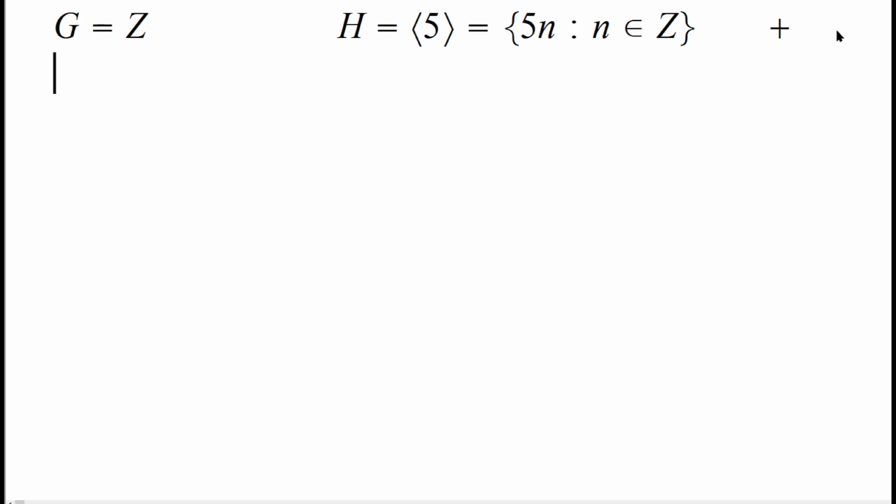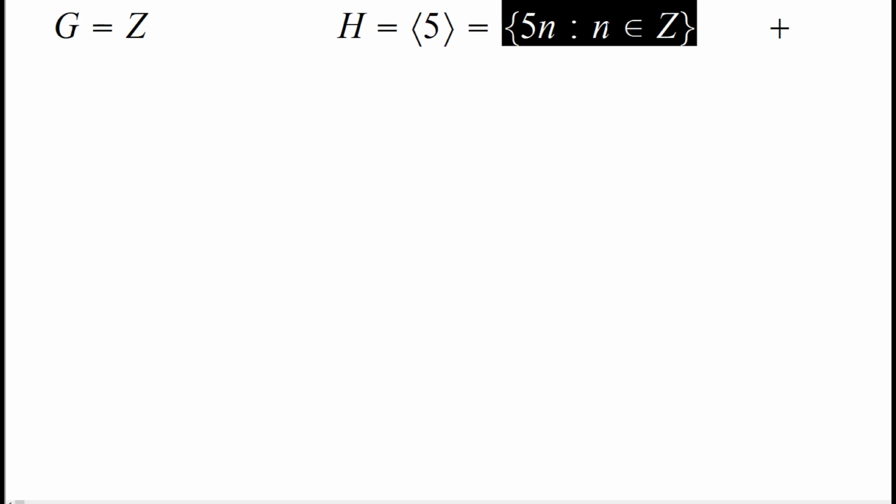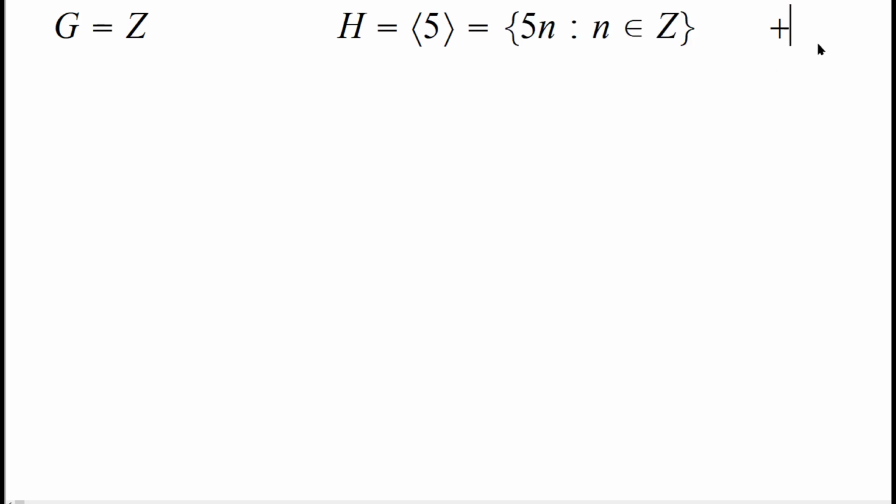So let us consider G, the group, as the group of integers with respect to addition of integers, and its subgroup as the subgroup consisting of multiples of 5, okay, which is a cyclic group generated by the element 5.